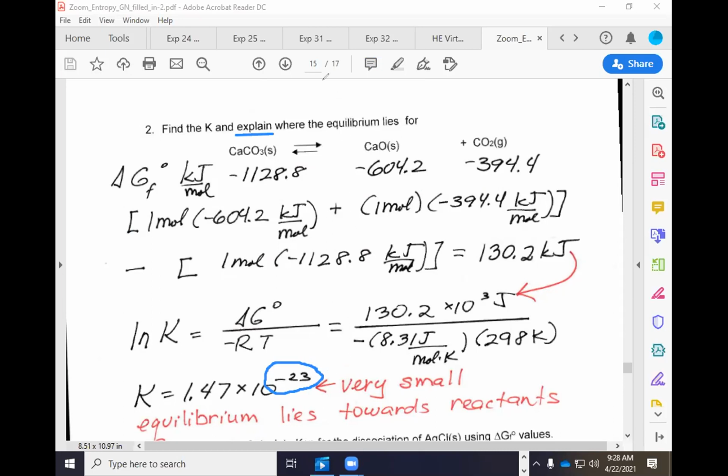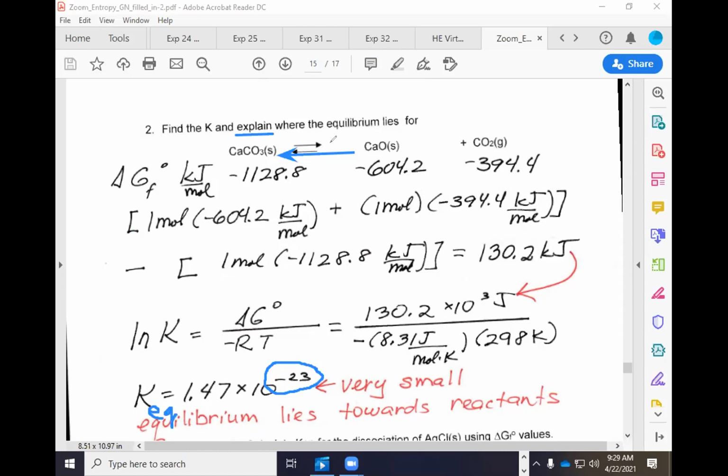That means, and that's what the explain would be. You would just put some words. The KEQ is very small, therefore equilibrium lies towards reactants, or I will accept equilibrium lies towards the left. And so that's answering the part that says explain.